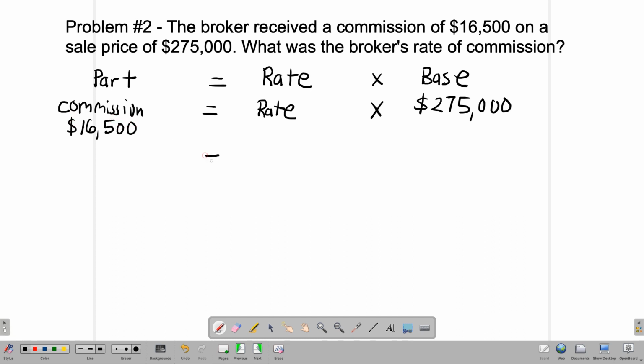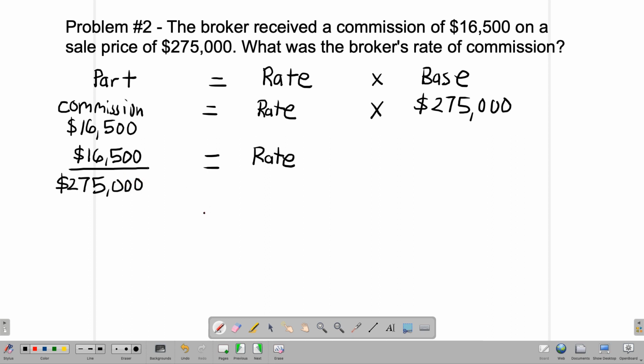So what we want to do is keep the rate on this side of the equation. We're going to take 16,500 and divide by the sale price, which would be a value of $275,000.